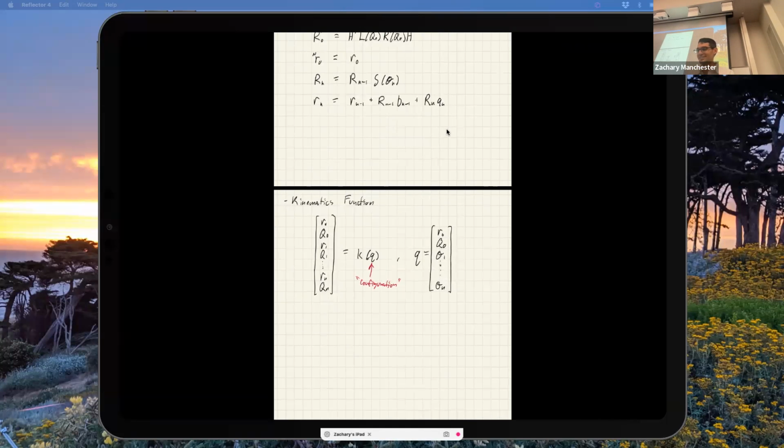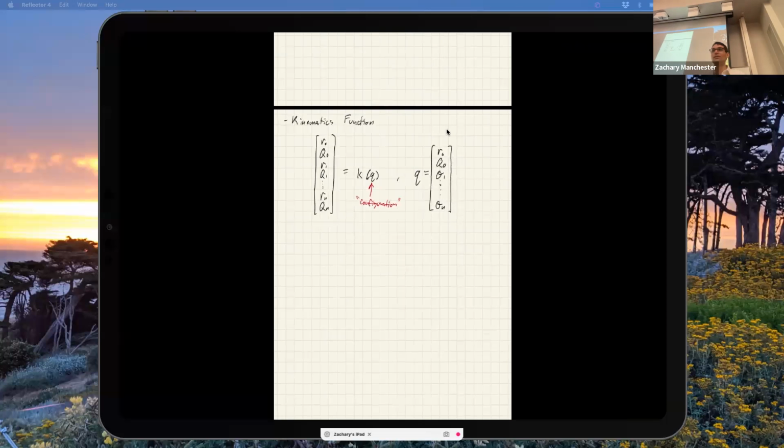Okay. So next, what we're going to do is talk about this whole kinematic Jacobian thing, which we teased last time, and I'll do it for this case specifically this time. So this is how you get the velocities, right? Specifically, if I naively differentiate this thing, on the right-hand side I'm going to get q dot, which has a quaternion derivative in it, like a q naught dot, which is not what I want.